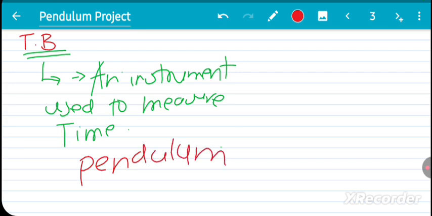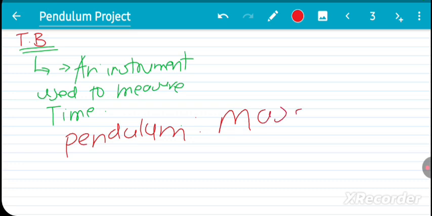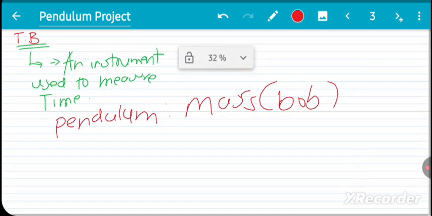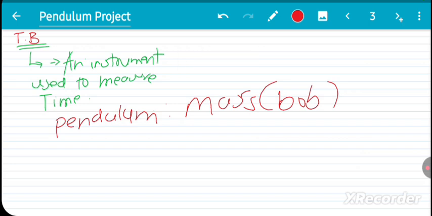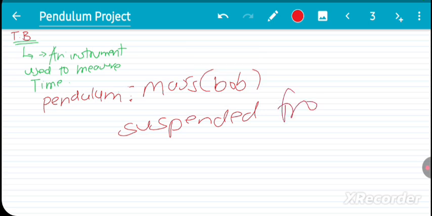When you say something is a pendulum, you are referring to a mass. This mass in scientific terms is called a bob. So a pendulum is a mass or a bob suspended or hanging from a fixed point.